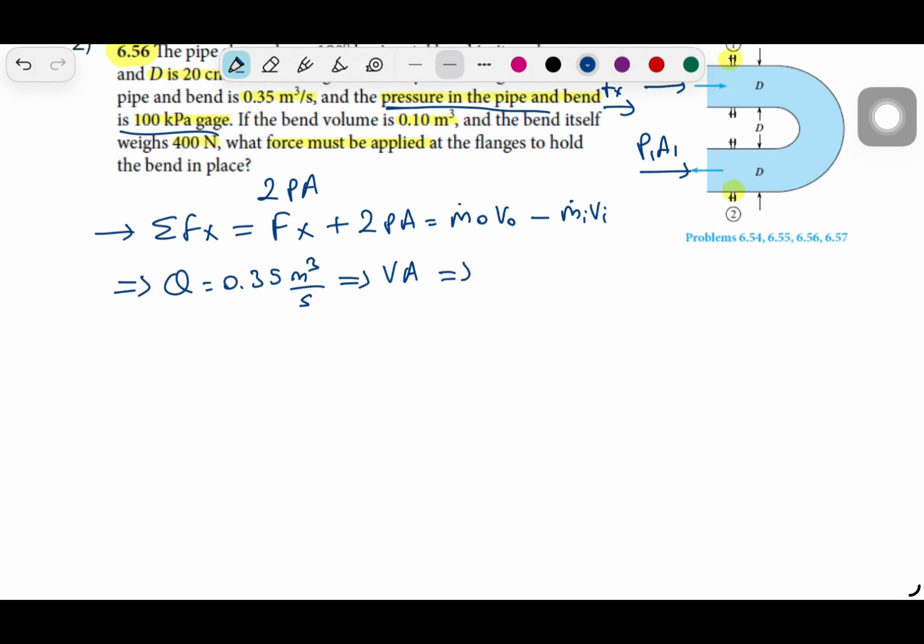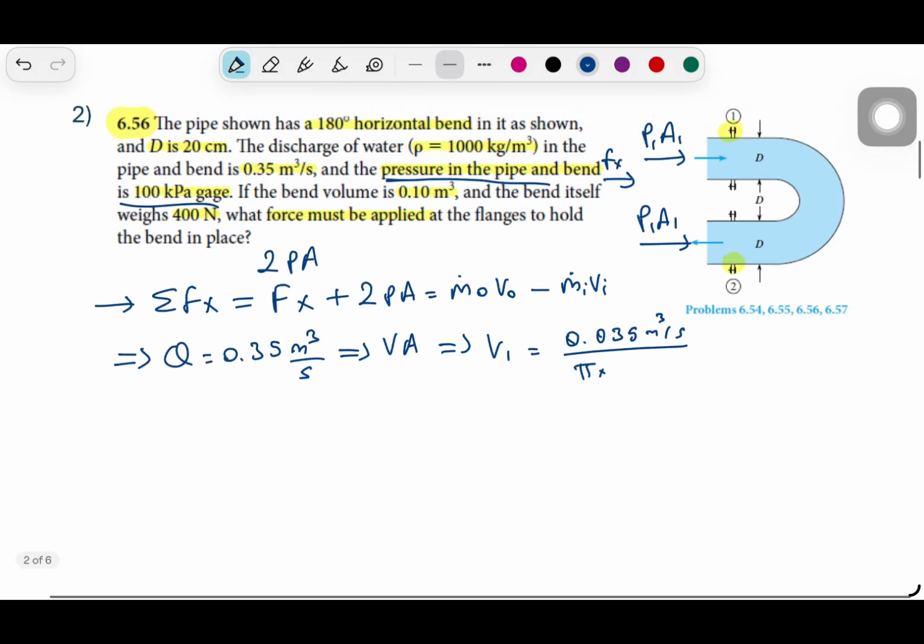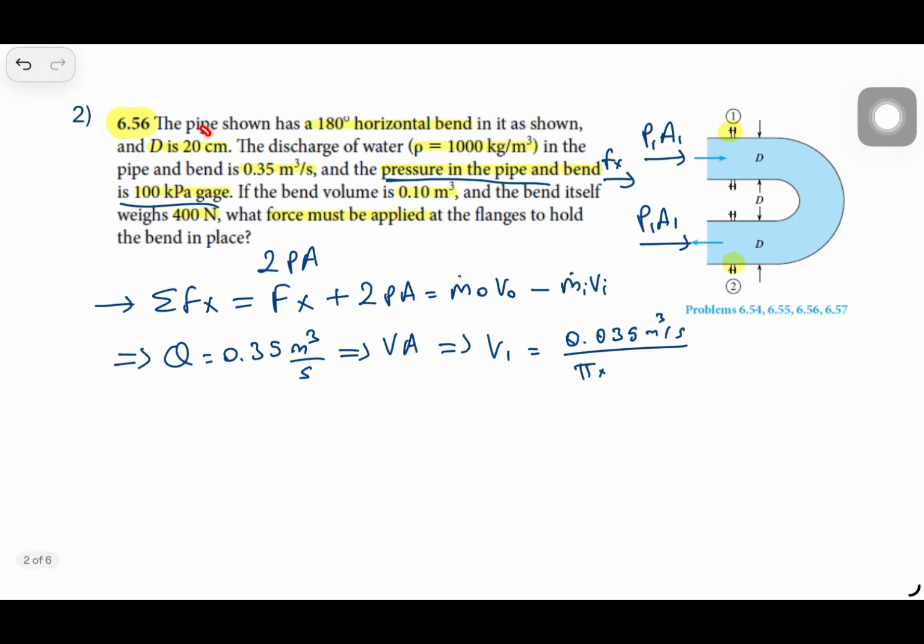So let's find velocity. So velocity will be equal to flow rate over area, which is pi d square, and d is given as 20 centimeters, which means it will be 0.2 square meter divided by 4.